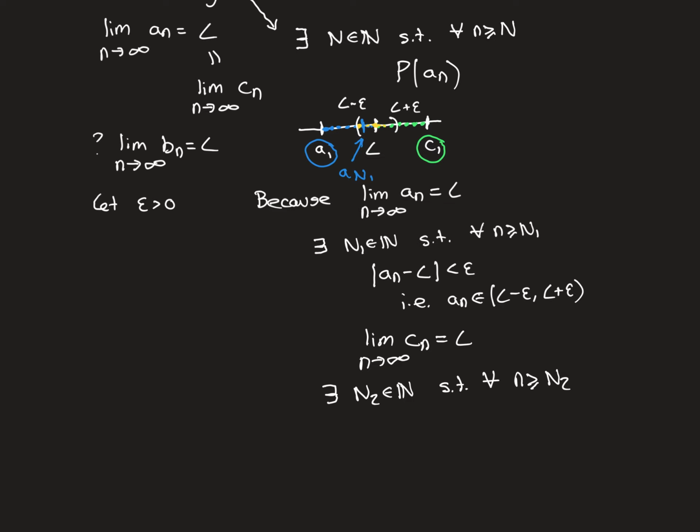But actually I'll write that in the more useful form to us, that those terms Cn are going to be elements inside that epsilon interval around L. So on our picture in green now, we might have our term here. This is C big N2, where it's inside that epsilon interval, and all the terms after it are also inside that epsilon interval.